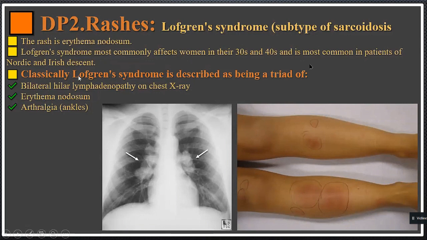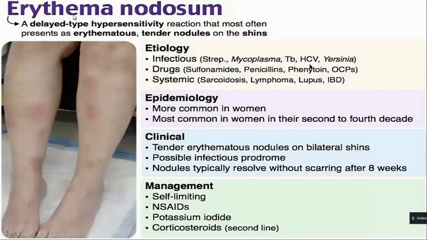The triad for Lofgren syndrome: bilateral hilar lymphadenopathy, erythema nodosum, and arthralgia, especially in the ankle. They can mention that in the scenario. So if they ask about the diagnosis, if you find Lofgren syndrome, you can choose it. If you find sarcoidosis, you can choose any of them, okay? Because it's a subtype of sarcoidosis.